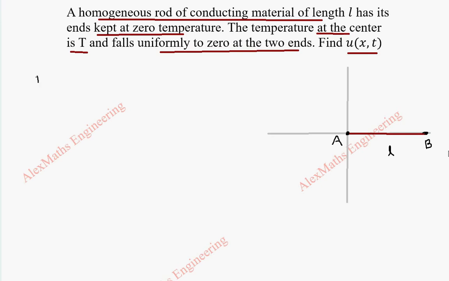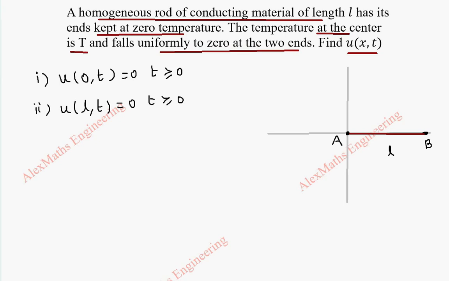So initial and boundary condition we are going to write U of 0 comma T is 0 for all T greater than 0. Similarly, the other end U of L comma T is also 0 for all T greater than or equal to 0. Even this I can take greater than or equal to.